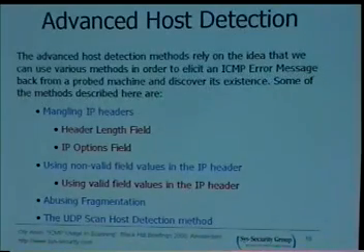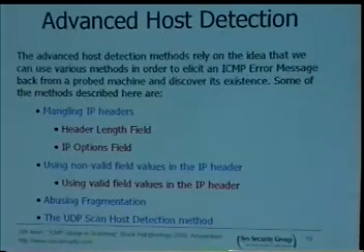We can do that with several methods. We can play with some IP header parameters, mainly the header length field and the IP option field. We can use invalid values inside some fields in the IP header, for example, playing with the protocol field, and we will see an example. We can abuse fragmentation, and we can use the UDP scan host detection method.